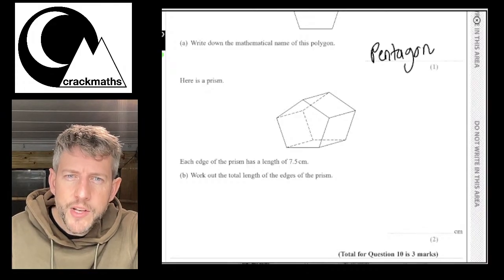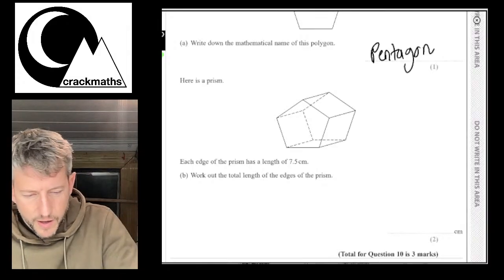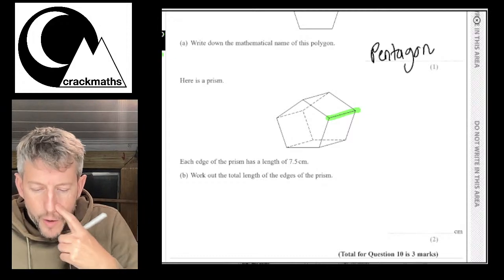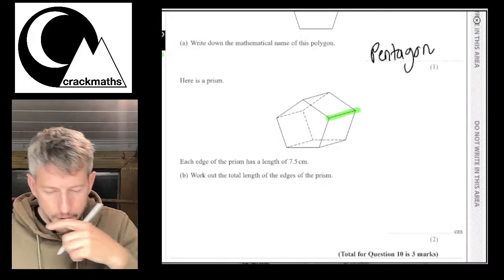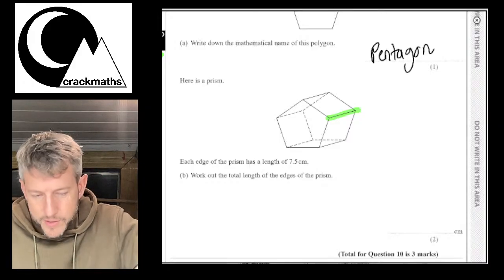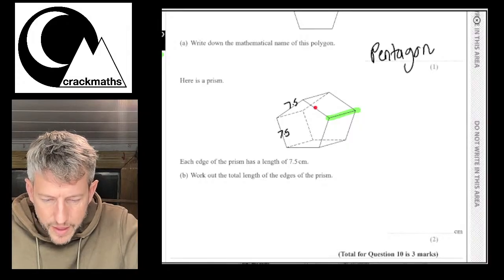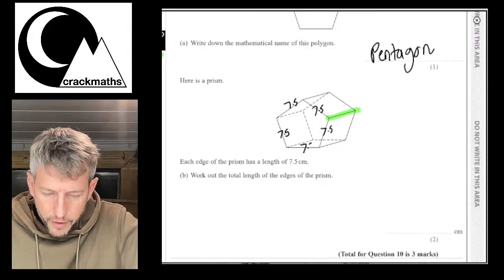So each edge of the prism has a length of 7.5 centimeters. Okay, so they're referring to these bits. Oh no, each edge. So every single edge of this prism has a length of 7.5 centimeters. Okay, so every single one. So 7.5 here, 7.5 there, 7.5 there, 7.5 there, 7.5 there.